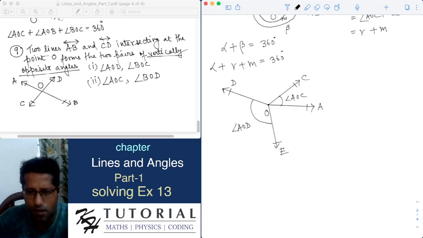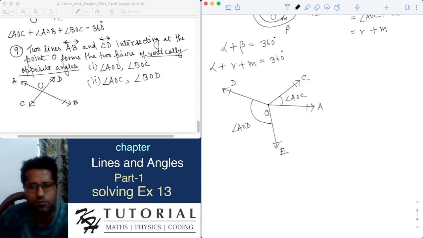Why are the angle AOD and angle AOC not vertically opposite angles? Because for the angles to be vertically opposite angles, some properties have to be met. First of all, both the angles must have the common point, that is the common point O, which is true.